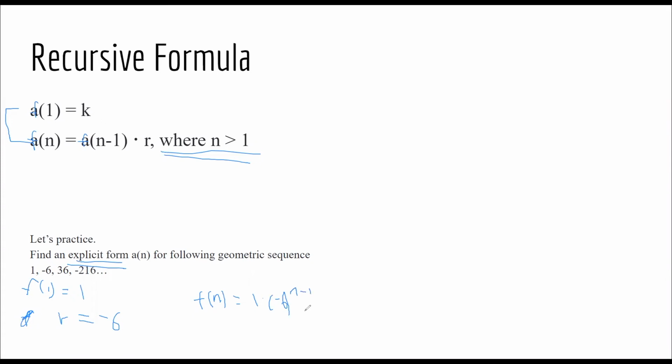For this, 1 times -6 to the power of n minus 1, you don't need the 1, because 1 times something is just that something. So for the final answer, it should be fn equals -6 to the power of n minus 1.